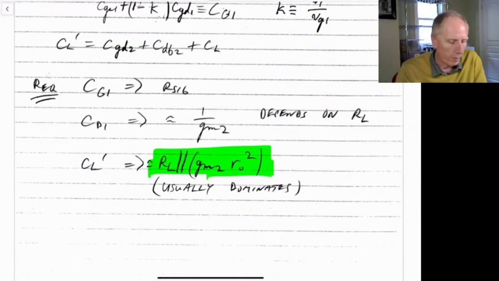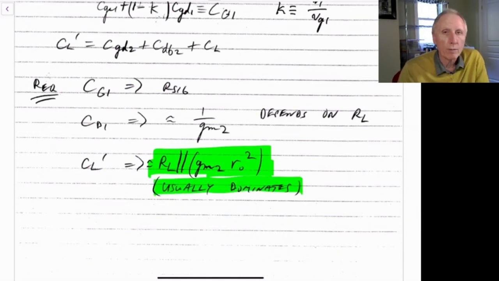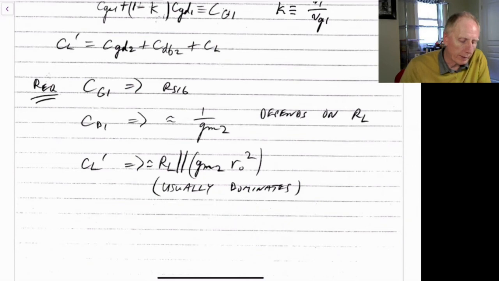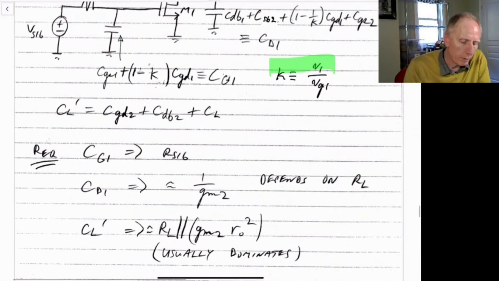This times the output load capacitance, and normally RL is also very large. So in most cases when you're using this circuit, the load that you're driving is also very large, in which case the whole thing becomes proportional to GM R0 squared. And that is a very large impedance, in which case multiplied by the capacitance at that node, it tends to dominate. So what we find is that this tends to be the lowest frequency pole and dominates the overall circuit. The Miller effect doesn't come into play here because our gain here is not that high.